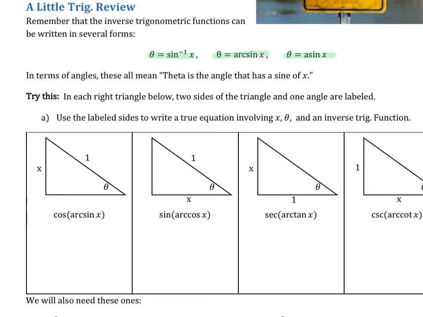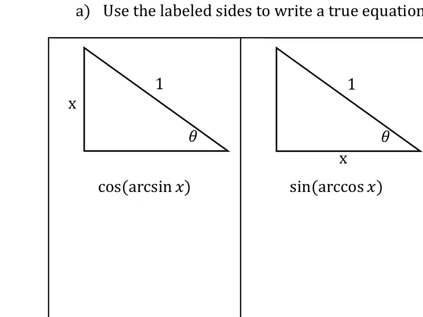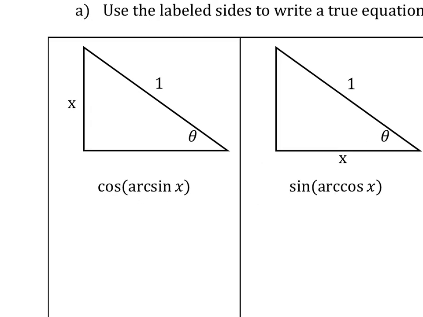First, before we dig into that, we've got to investigate these right triangles a little bit here. So here I've got a right triangle. Now this triangle has an angle of theta, and we'll call the sides x and 1. So this is the triangle that has a sine of theta is x.